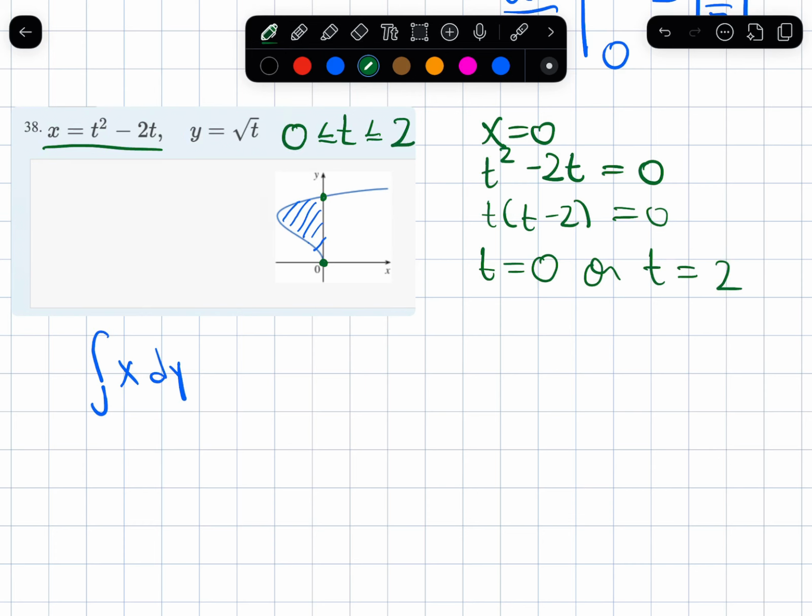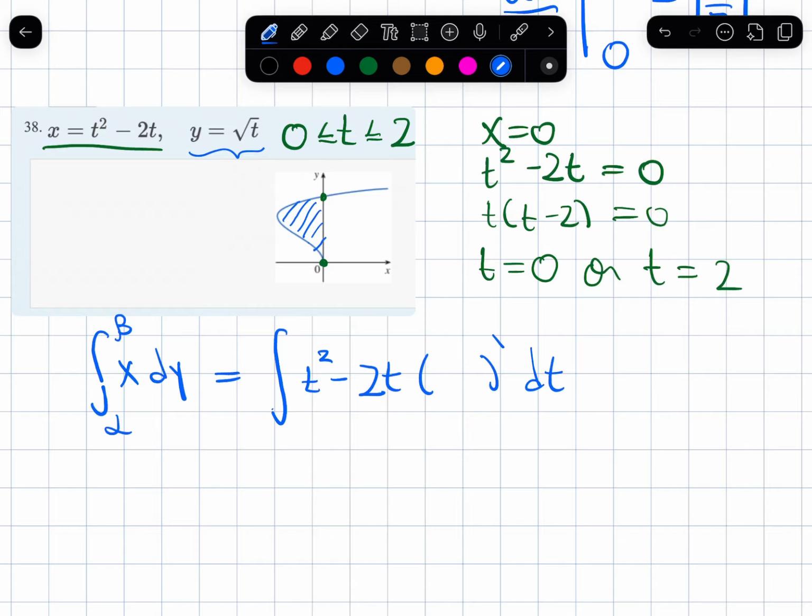So this is a skill you need to have as well. And now I'm going to leave some alpha and beta here, and then I'll make my change here, my u substitution. X will be t squared minus 2t. And then dy will be the derivative of this, dt.